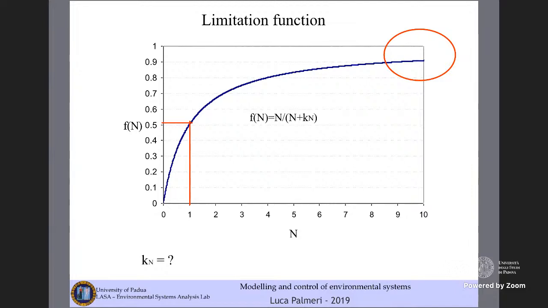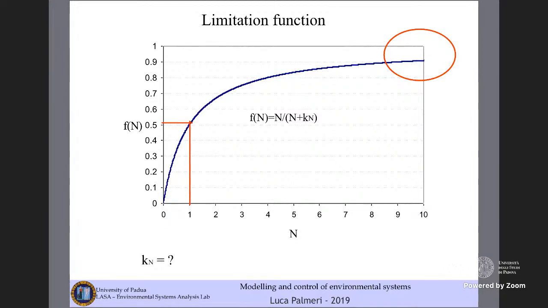we may implicitly assume that the algae itself is the enzyme. So the more algae, the quicker the growth rate of the population will be. Of course, this brings us to a description like this one. It is a saturation-like behavior.